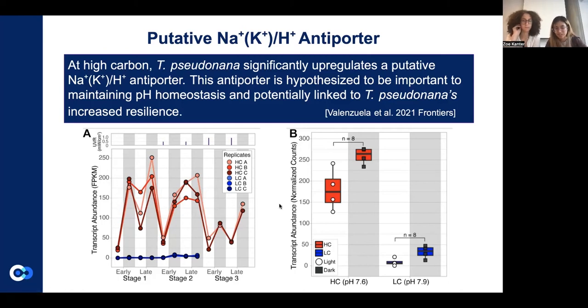This makes sense because if you look at graph B, in high carbon versus low carbon conditions, the gene is significantly more expressed in high carbon conditions rather than low carbon conditions. And in both conditions, the gene is more expressed in dark rather than in light.